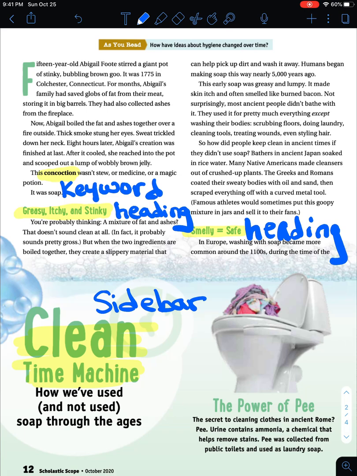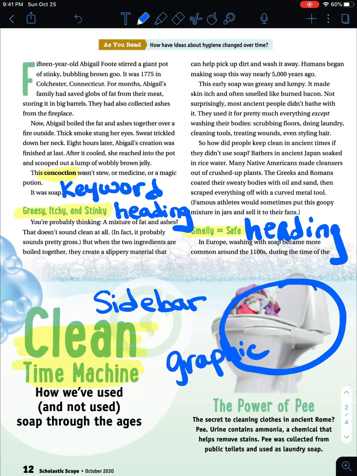Okay, now this here, right here, this is a graphic aid. A graphic aid is an image, a picture, it could be an illustration. It could also be a graph or a chart, a table. Basically, it's anything that helps us to visualize the information in the story.